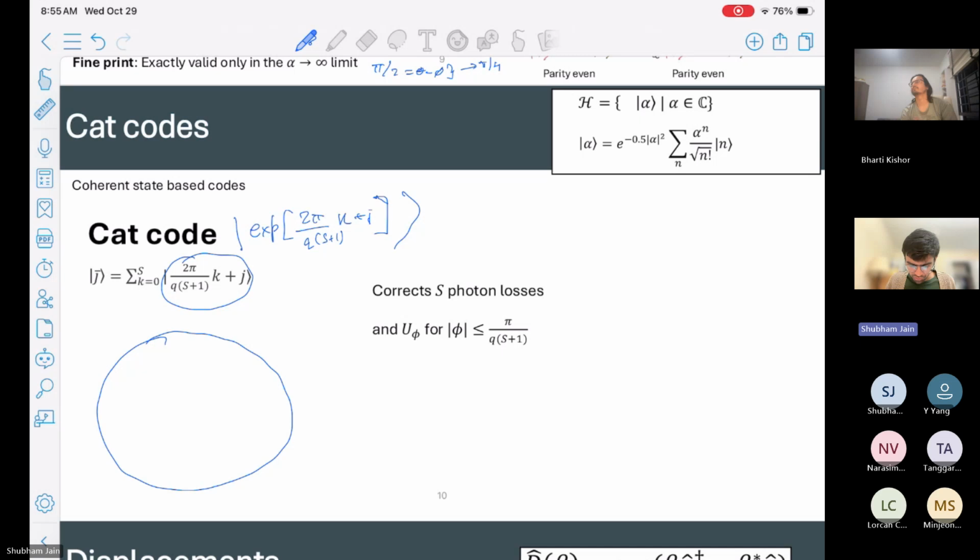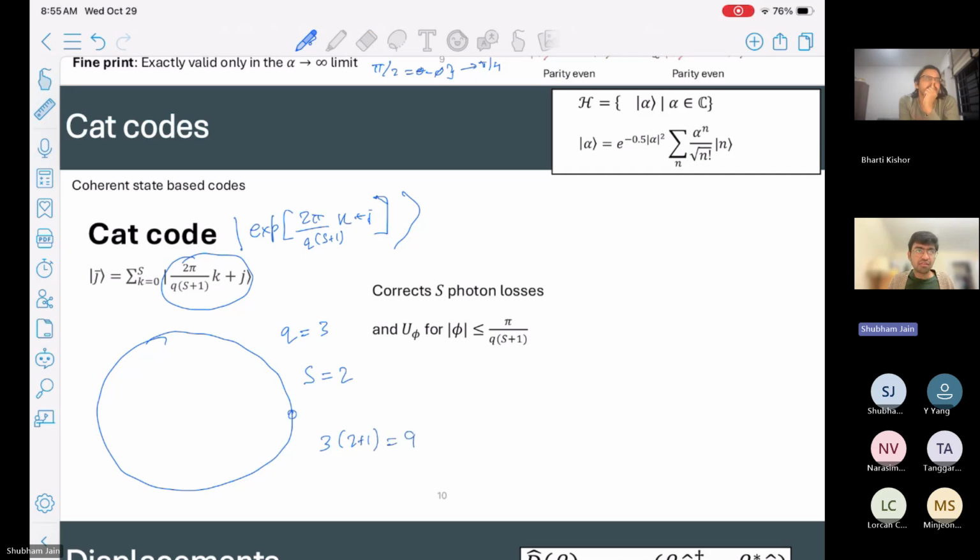So for example, if you want correction against two loss errors and you want three code words, so this will be the logical dimension, we're going outside of the qubit world. Now we have a qutrit here. So what we will do is divide this whole sphere into 3 times (2 plus 1), which is equal to 9 points.